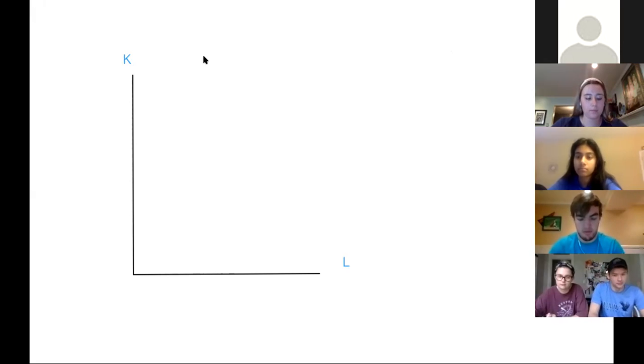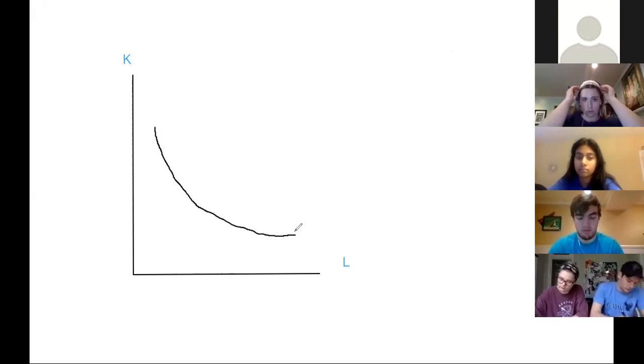All right, I think we want a curve. An isoquant looks like an indifference curve. An isoquant shows all the different combinations of labor and capital that will produce the same quantity of output.